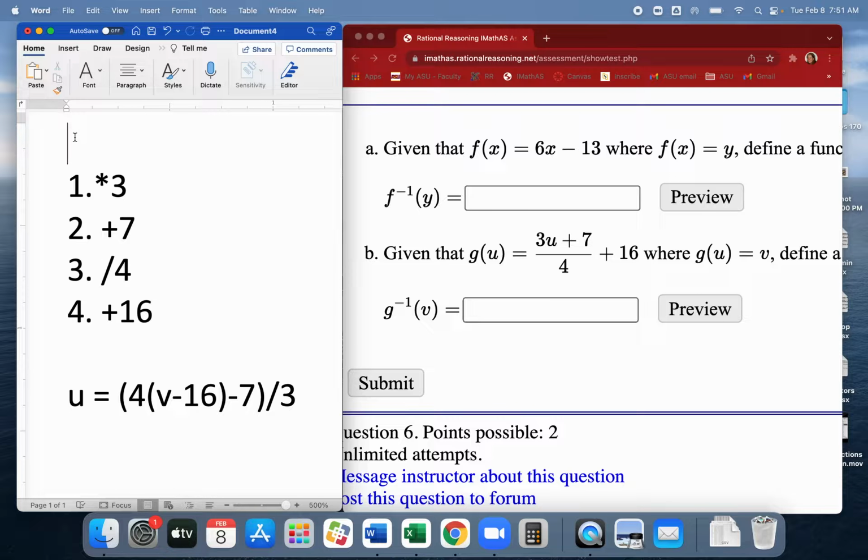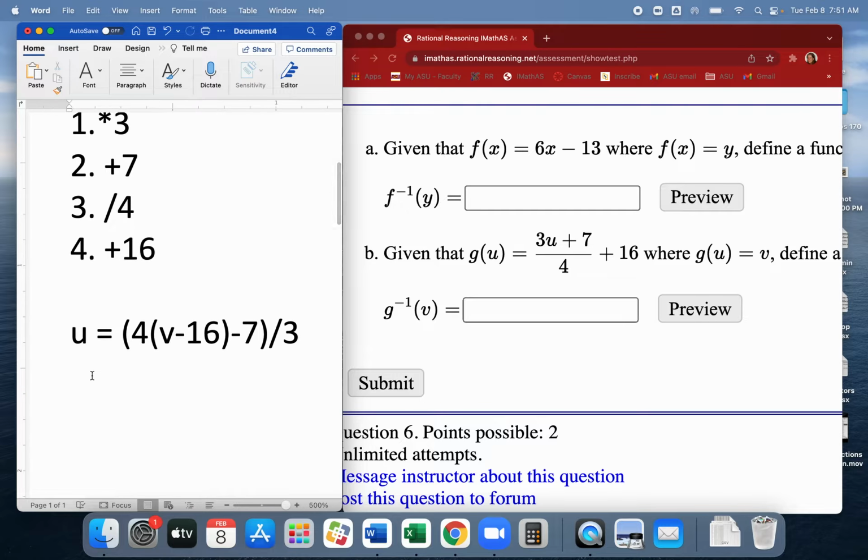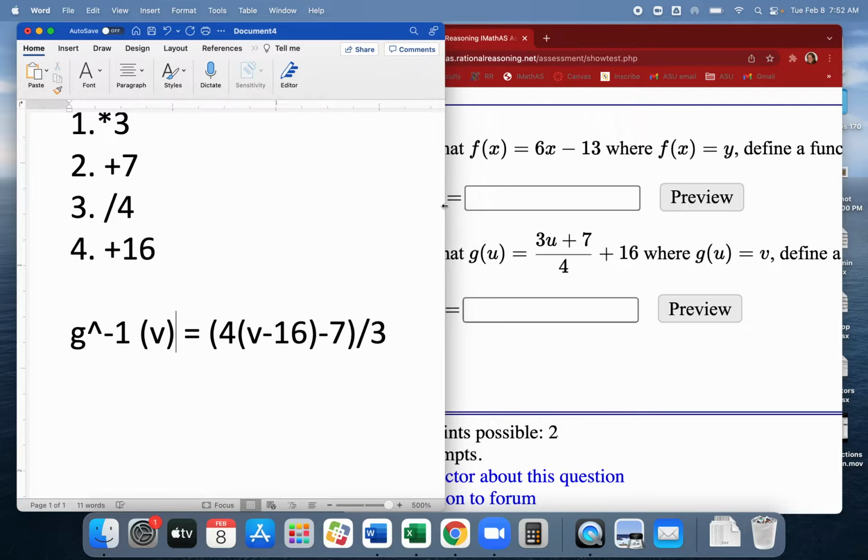Now notation-wise, it was written in function notation. So g of u takes u and does these four things in sequence to it. I can call this u in terms of v, or I can call it g inverse of v, with v as the variable since I've used v's.